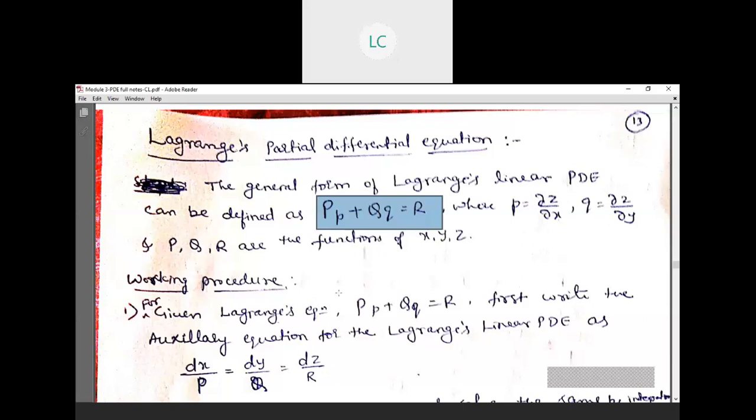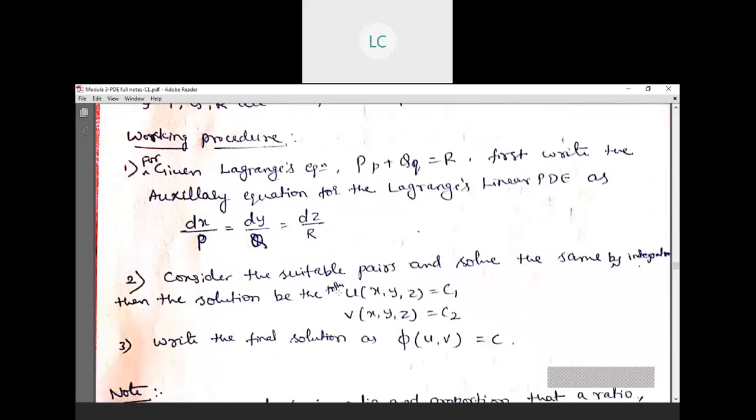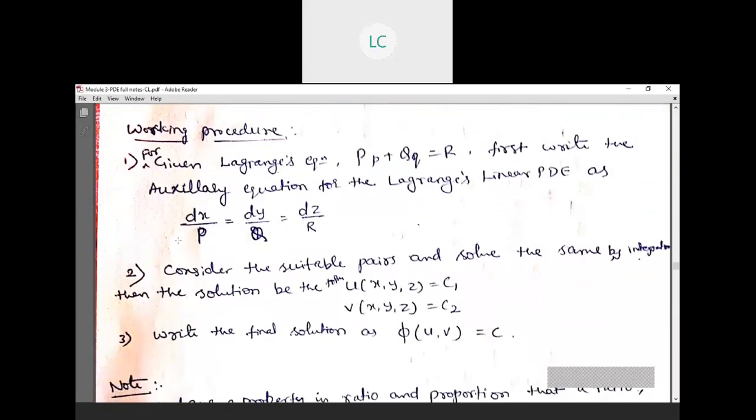Now there is a working procedure for Lagrange's linear PDE. For a given Lagrange's PDE, first we should write the given equation in the standard form. Then write the auxiliary equations of the Lagrange's linear PDE, that is dx by capital P is equal to dy by capital Q is equal to dz by capital R. This is the standard auxiliary equation for Lagrange's PDE.